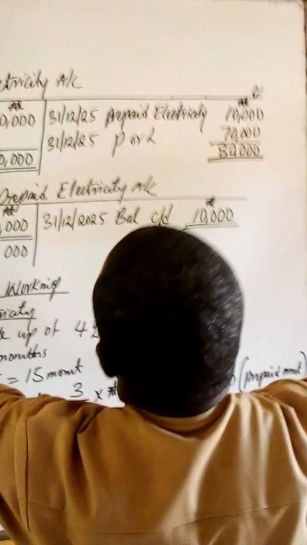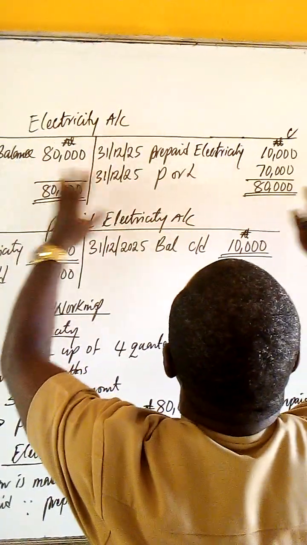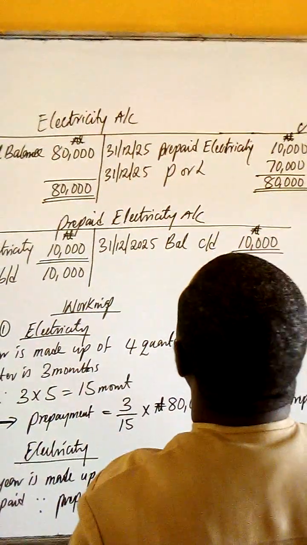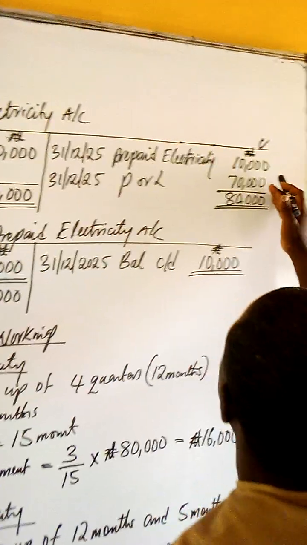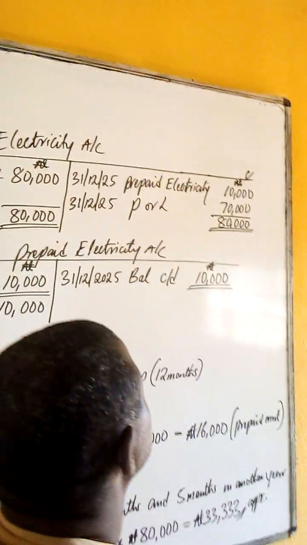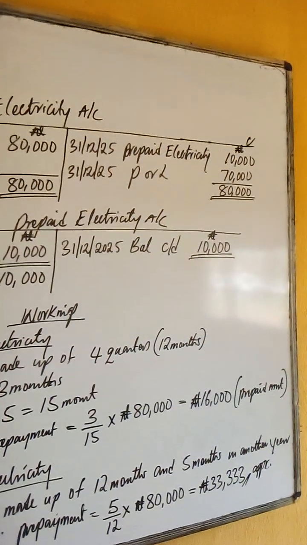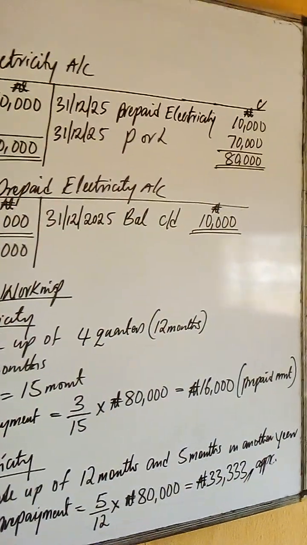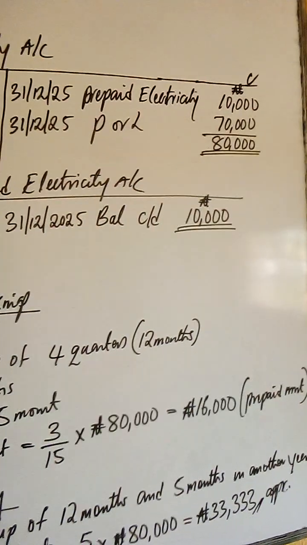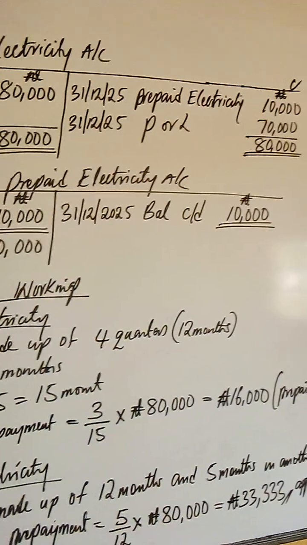And this account is well balanced, 80-80. If you go to operating expenses, what you charge as electricity will be 70,000, meaning the amount that is paid in advance has been removed from the actual amount paid, proving the principle called the matching concept. We want to get the actual amount of electricity that is paid in the current year to prove the matching concept of accounting.